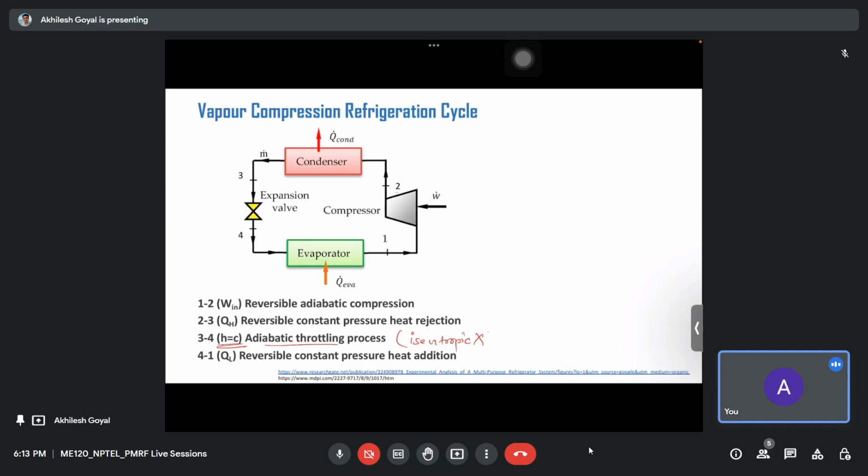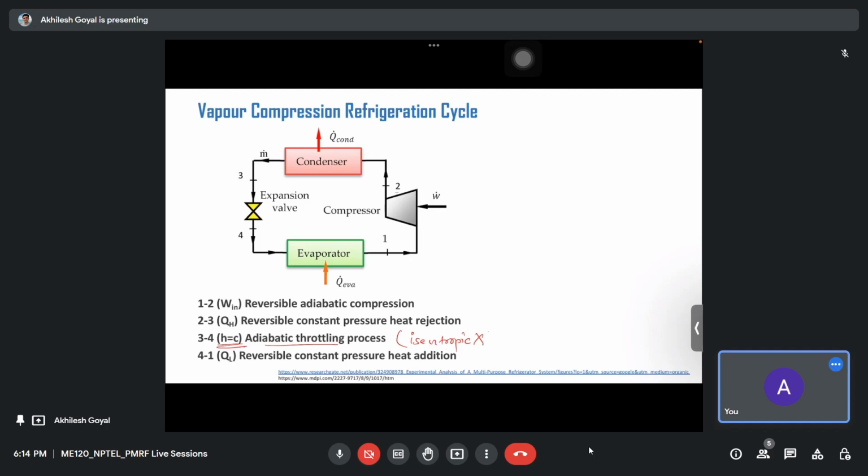That's why the expansion valve is there, which is a very small part, or a capillary, and we get the desired effect without increasing the cost or the bulkiness of the whole system. So that's why we use this expansion valve, not the cylinder piston arrangement.